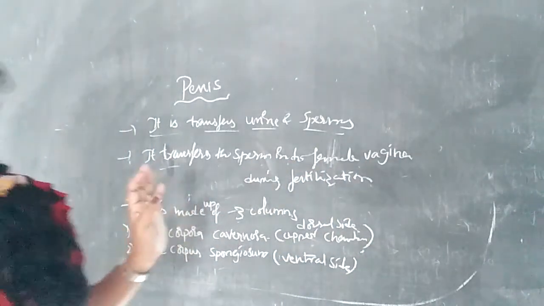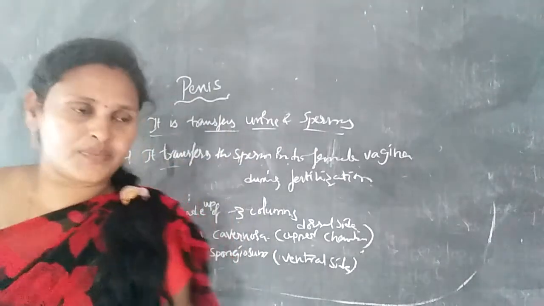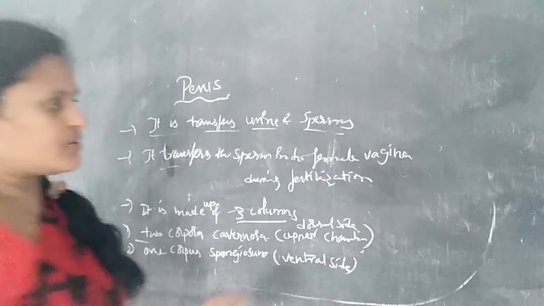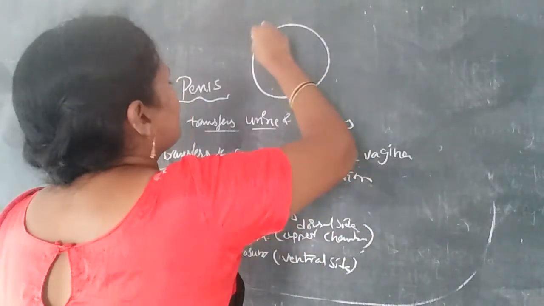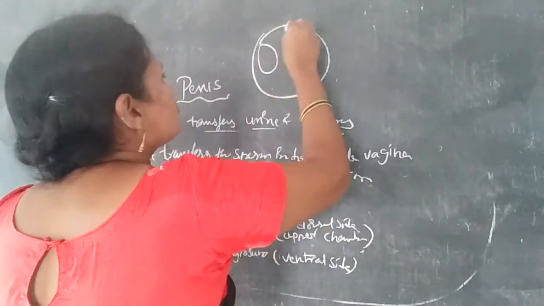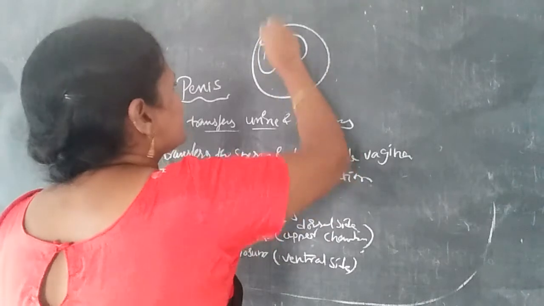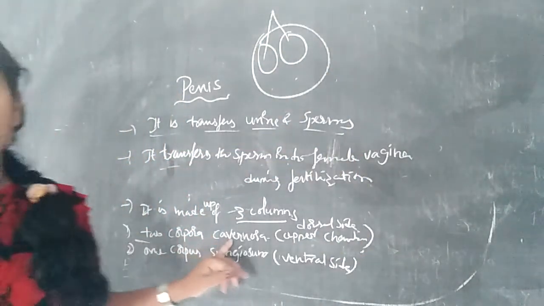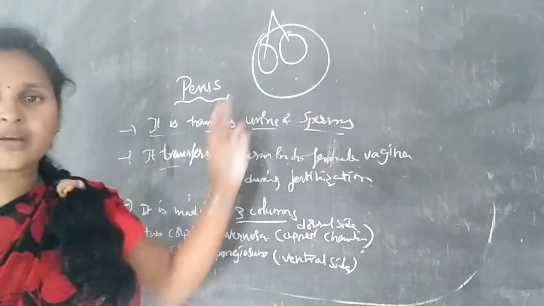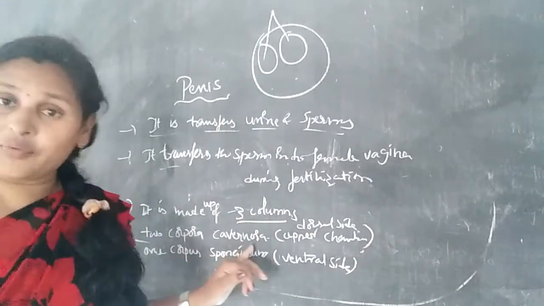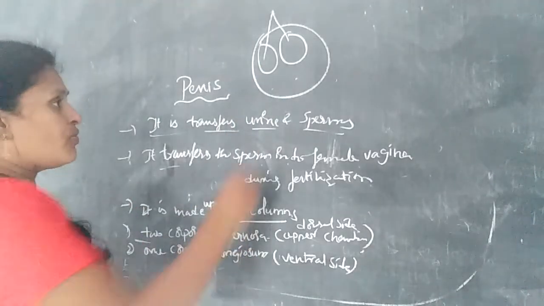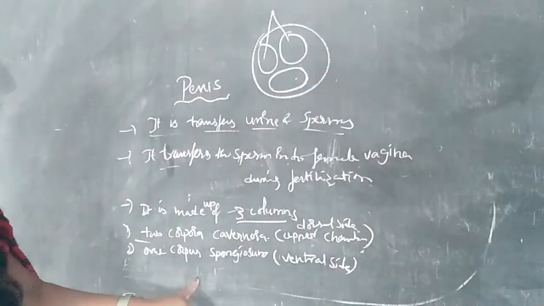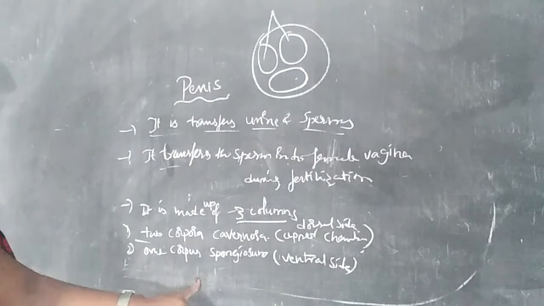And the penis is made up of mainly 3 columns. The first 2 columns are the upper chambers, the upper part. These 2 upper chambers are the corpora cavernosa. And the last one is the corpus spongiosum.